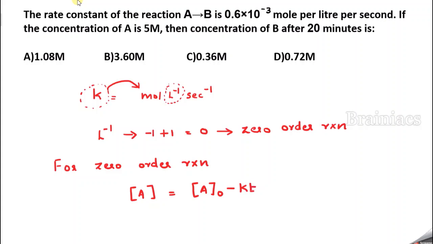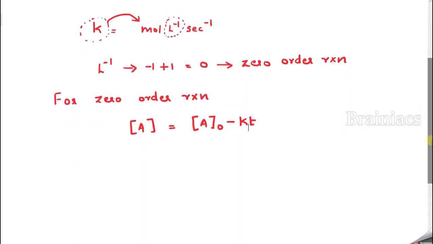Here we assume a reaction where A is getting converted to B. Let me take another color. A was initially present, and it is getting converted to B. The initial concentration was A naught.